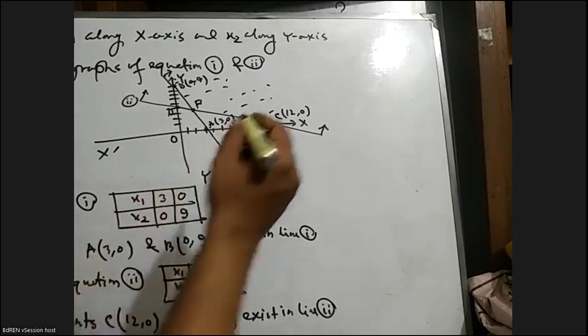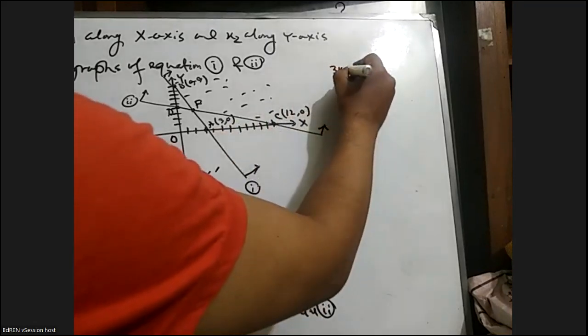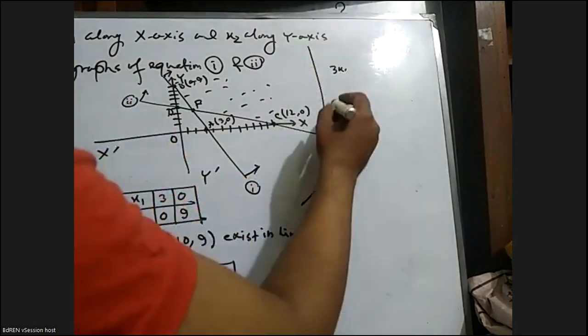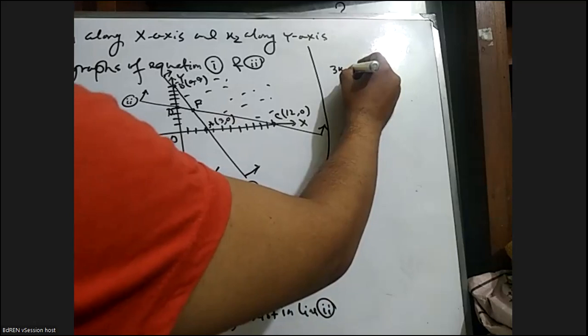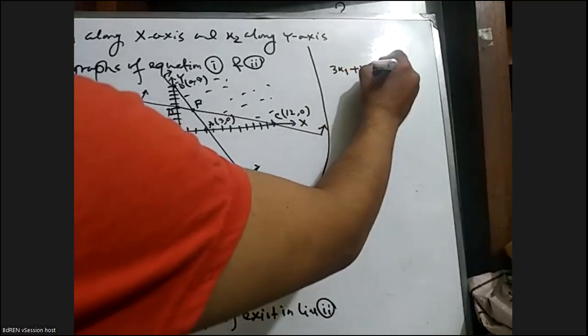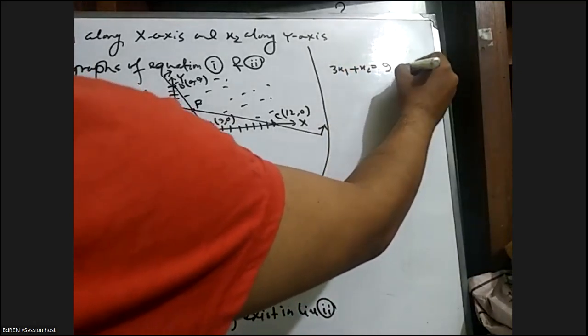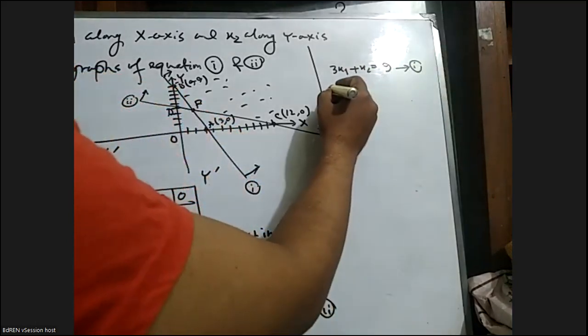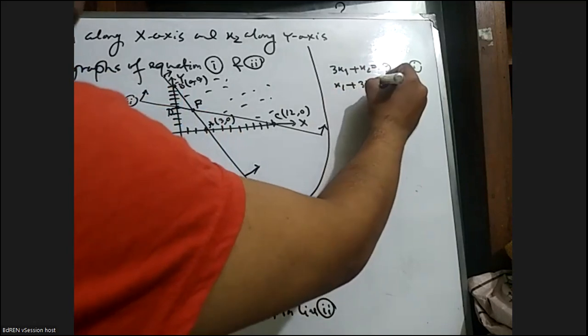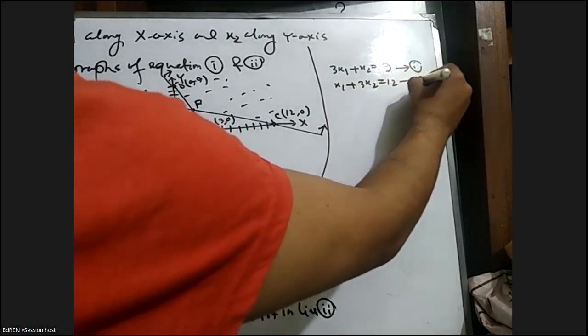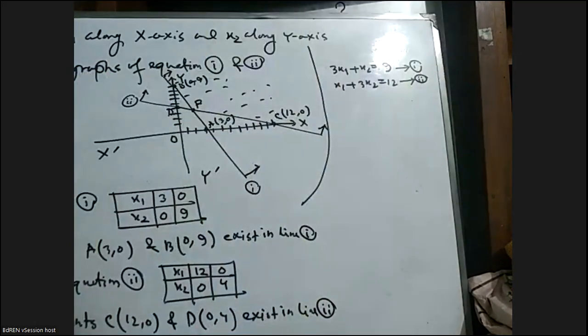Actually, line 1 was 3x1 plus x2 equals 9. This is equation number 1. And another one was x1 plus 3x2 equals 12. Equation number 2.